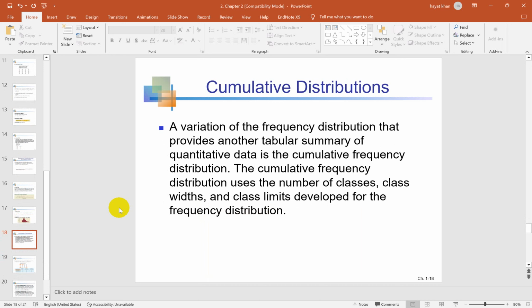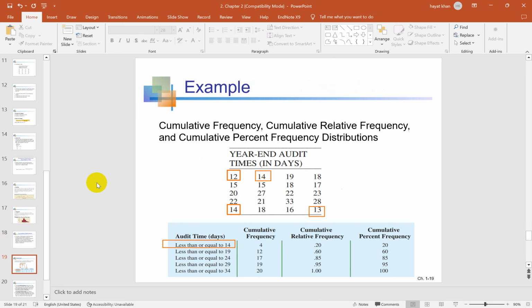Cumulative distribution. A variation of the frequency distribution that provides another tabular summary of quantitative data is the cumulative frequency distribution. The cumulative frequency distribution uses the number of classes, class width, and class limits developed for the frequency distribution. Here is the example: cumulative frequency, cumulative relative frequency, and cumulative percent frequency distribution.